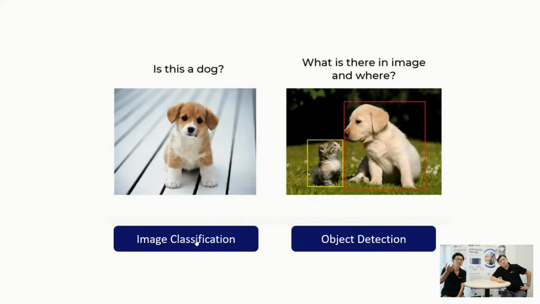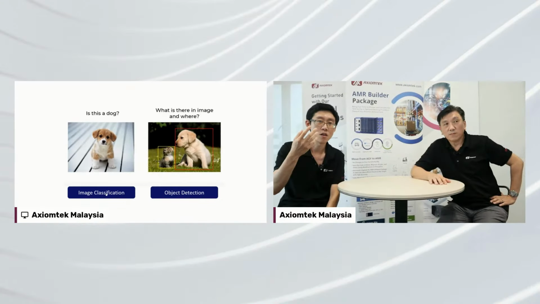The AI will answer whether this is a dog or not a dog. Then object detection is what is in the image and where. So now we have extra information: besides knowing what the things in the image are, we also want to know the location of the object in the image.